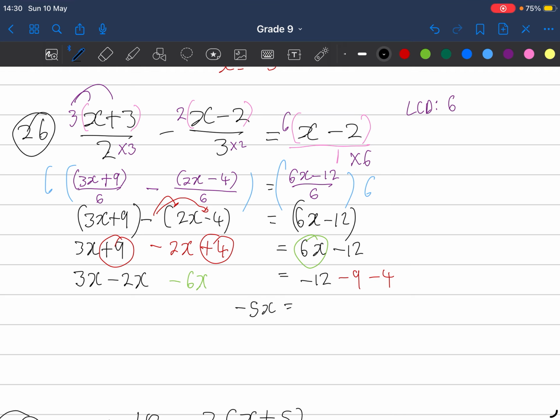Minus 9 is going to be minus 25. So that's going to give me negative 25. Divide both sides by negative 5. Those cancel. x is equal to positive 5.